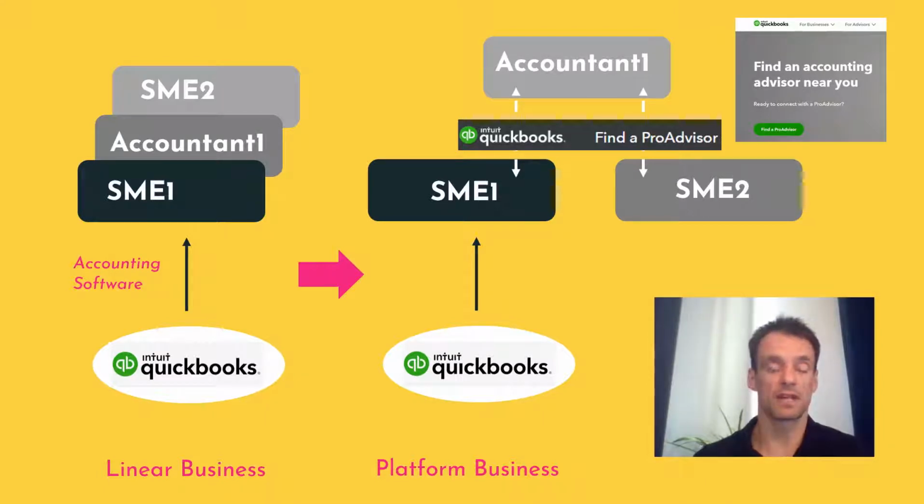So the accountants have a nice profile with pictures. They enjoy long walks on the beach and other relevant or irrelevant information. And then the small businesses can search accountants by specialty, by distance, and so on. And it obviously makes the QuickBooks product more valuable because now it's not just a financial software product, but it's also a way to find accountants.